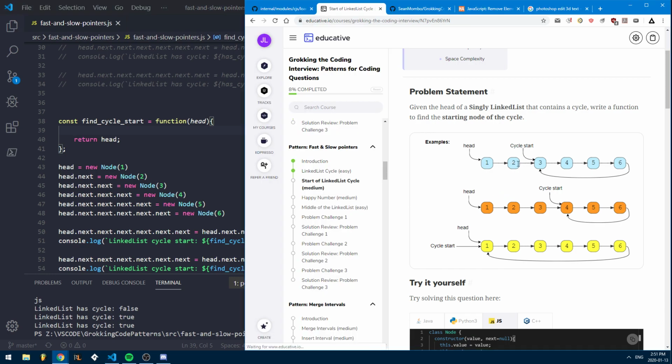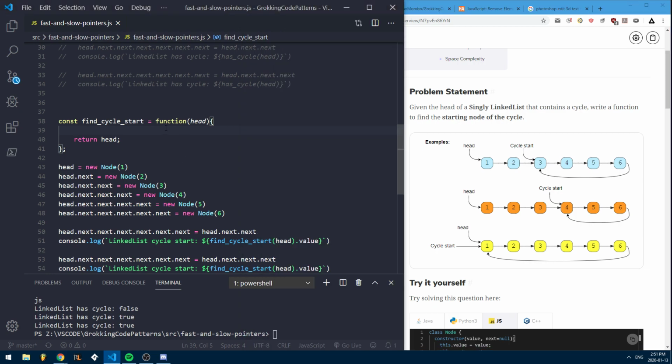My value's 1, my value's 2, 3, 4, 5, 6, and now my value's 3. Therefore, the start of the thing has to be 3. So why would I use 2 pointers for this? I don't know. It seems so easy, so obvious, but if I advance through one at a time.